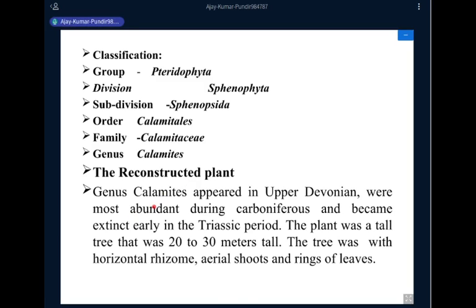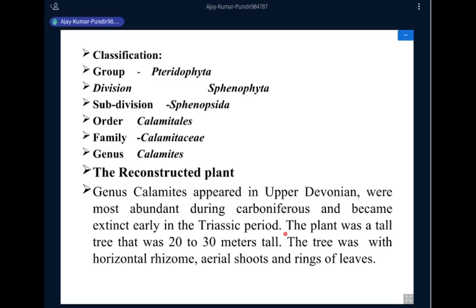The genus Calamites appeared in the Upper Devonian, was most abundant during the Carboniferous, and became extinct early in the Triassic period. The Calamites plant was dominant from the Upper Devonian, mostly in the Carboniferous and Triassic period of the Paleozoic era.